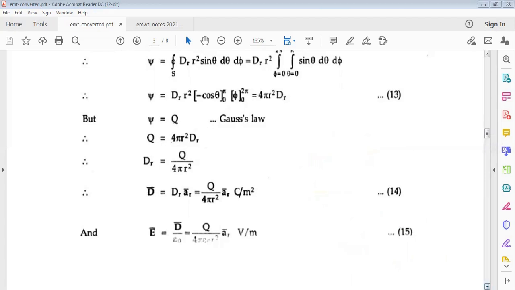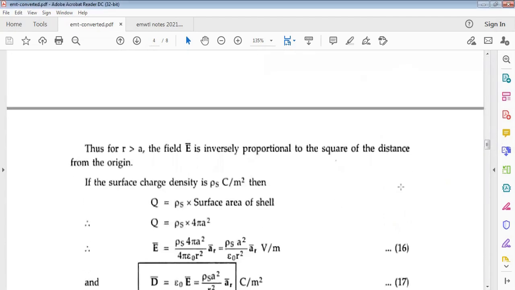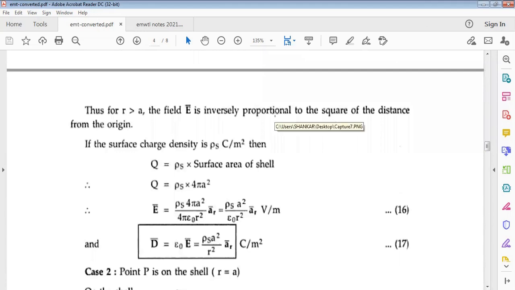Then for r greater than a, the field Ē is inversely proportional to the square of the distance from the origin. So Q is equal to ρ_S into the surface area of the shell, if the surface charge density is ρ_S.